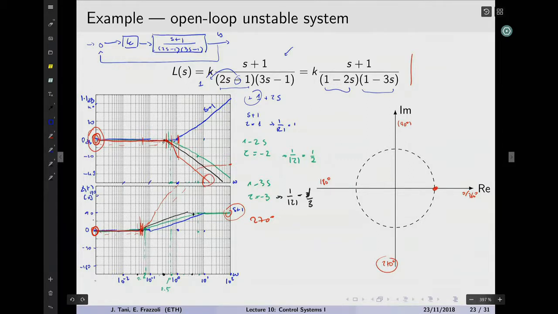The magnitude stays constant for a while while the phase increases. Magnitude constant means we're moving around the origin, moving the phase but keeping the same distance. So we are going somewhere around here as omega goes. This is omega equal 0 plus, let's say. And as omega increases, we're moving in this direction. It's really ugly.